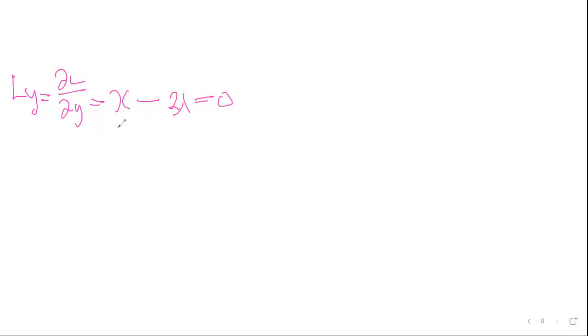Now let's make lambda the subject of the formula. So what we have gotten is x minus 2 lambda equal to 0. Then x is equal to 2 lambda, and we can divide both sides by 2.